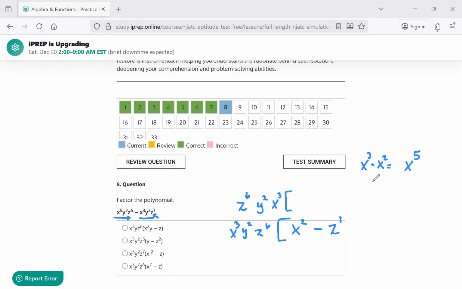One z, because remember when you multiply z^6 times z^1, you add the exponent, so that's z to the 7th. Okay, so that is your answer. So it's x cubed y squared z^6 times the quantity x squared minus z.